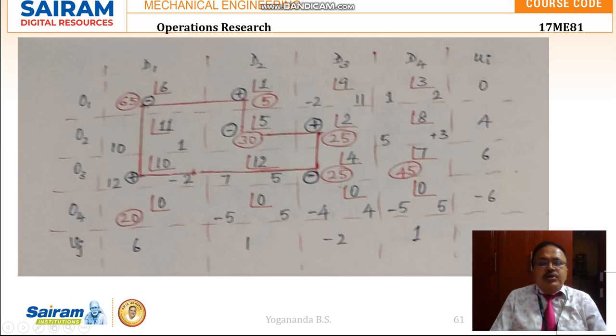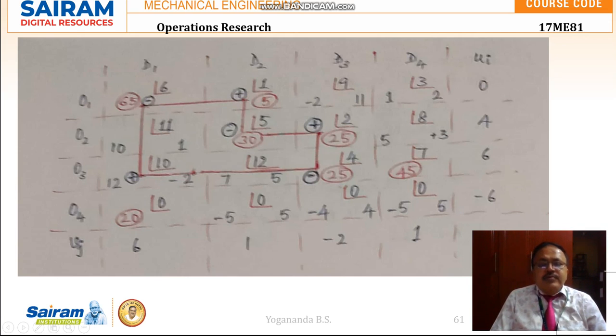Then we'll move on to the next occupied cell, cell number 2 here, that is also occupied. The cost is 1, so U plus V is equal to 1. U is already 0, so V becomes 1. The next occupied cell is here, O2, D2. The cost is 5, so U plus V is equal to 5.